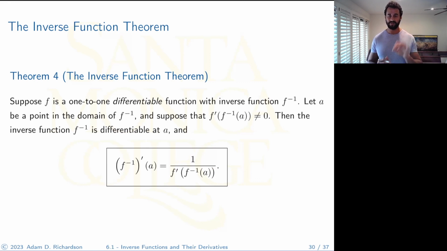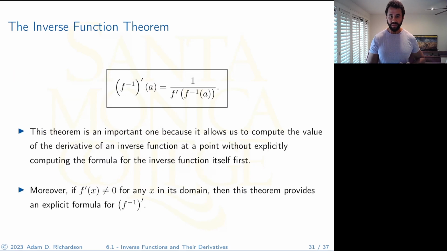And if we have those three conditions, the function's invertible, it's differentiable, and that value is not 0, then we can actually evaluate the derivative of the inverse at that point. This is important because it allows us to compute the value of the derivative of an inverse without explicitly computing the formula for the inverse first.